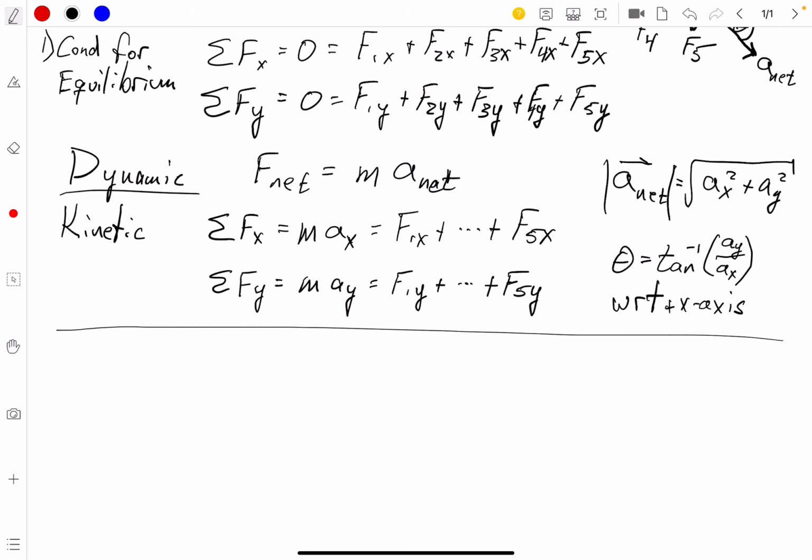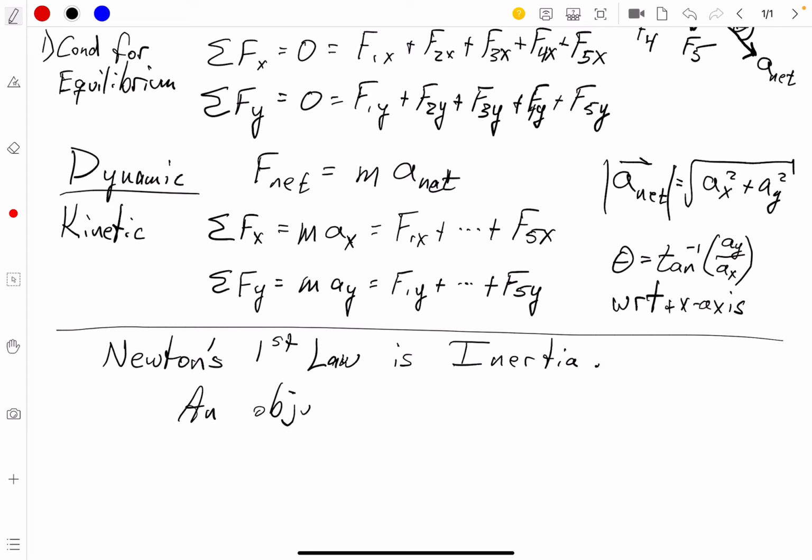Newton's laws, and Newton's first law is inertia. So an object at rest wants to stay at rest.